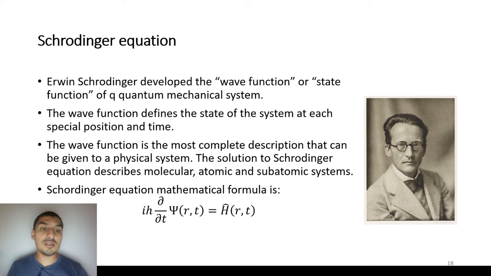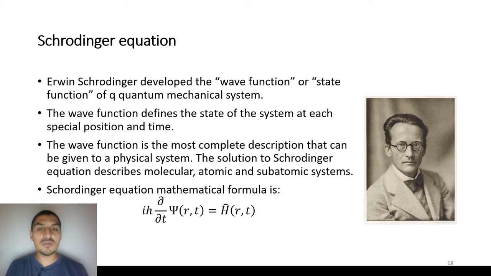But for systems that are very small, like the atoms and the subatomic particles, the classical mechanics equations cannot describe these systems well. This is because Newton's equations didn't take into account some other forces, which are not of interest in our daily systems, like in our sizes.